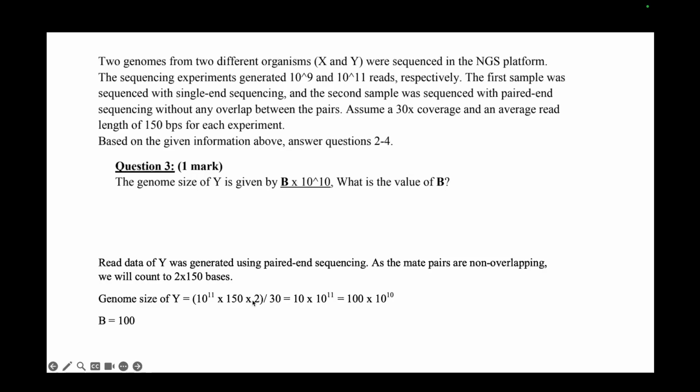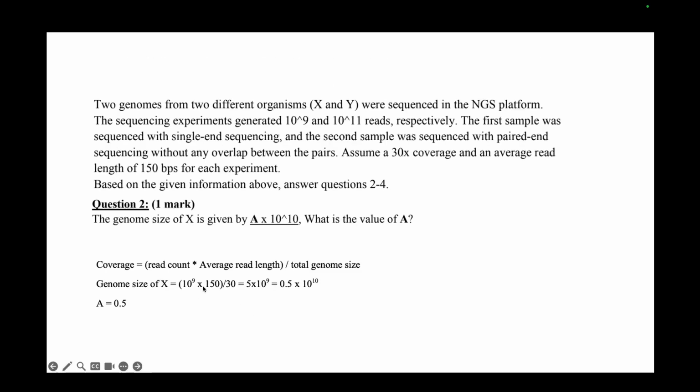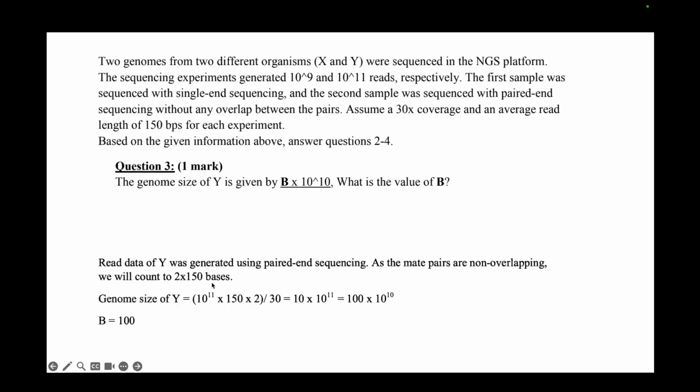So your read length here will be 150 into 2 compared to just 150 there. So it's 10 to the power 11 bases, 150 into 2 base pairs, basically 300 here, divided by your coverage, 30. It gives you 100 into 10 to the power 10. I think you missed the 2 here.